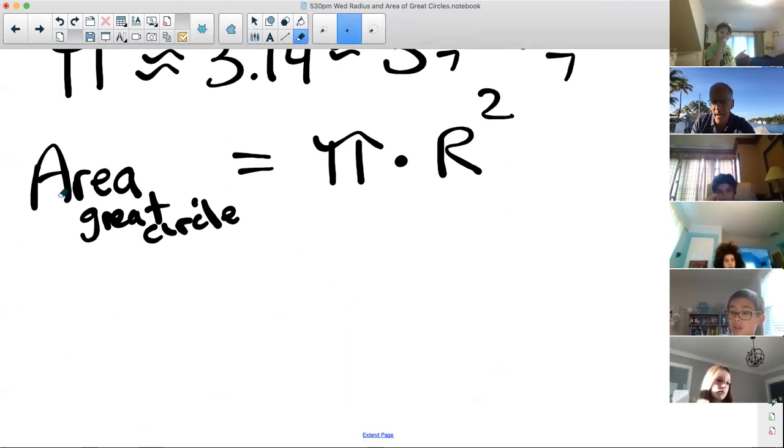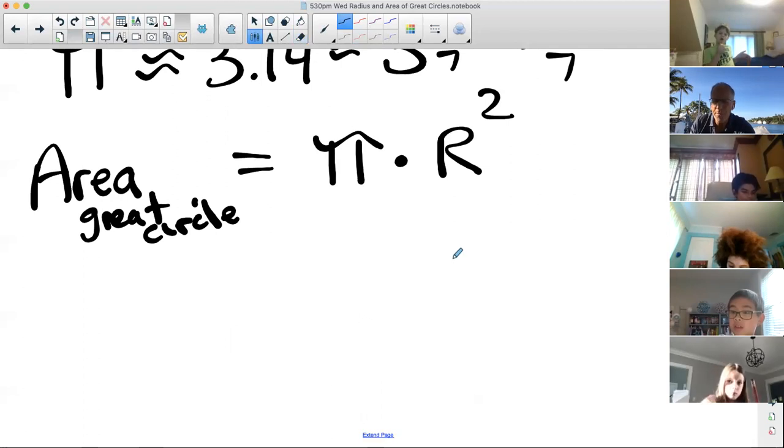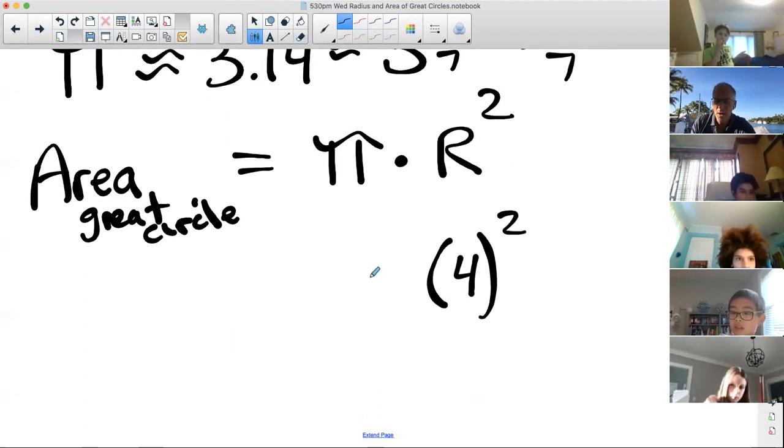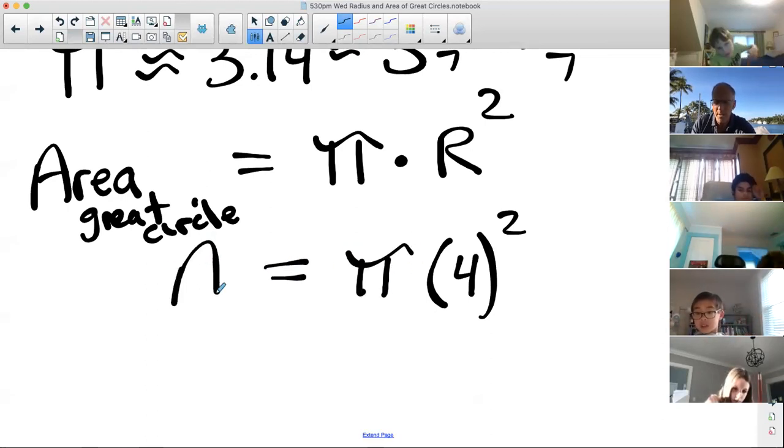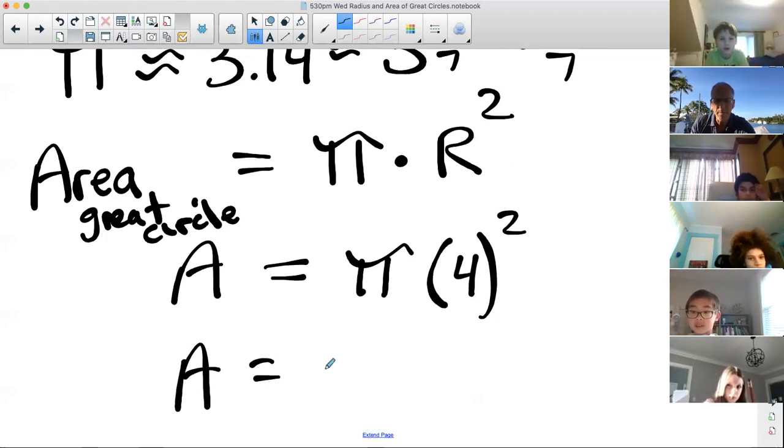Now, I want everybody right now to write down area equals pi r squared. And if you know that the radius is 4 inches, in terms of pi, what is the area? On 3, 1, 2, 3, go. 16.